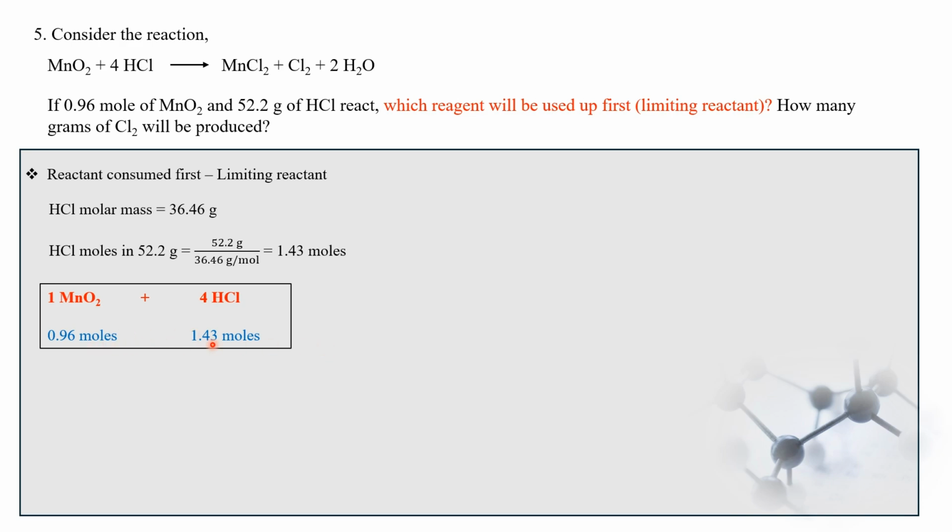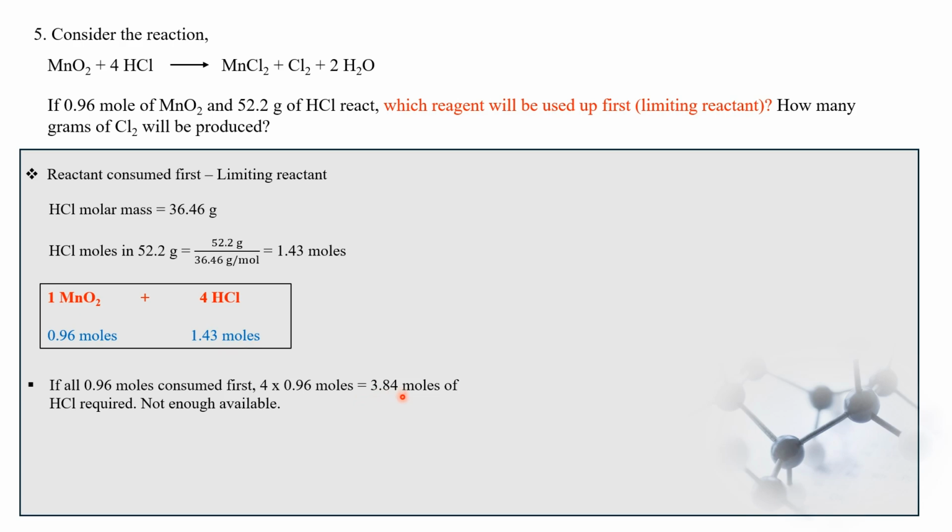The MnO2 and HCl reactants react together in a 1 to 4 molar ratio. Let's think: if all 0.96 moles of MnO2 are consumed first, which is another way of saying it is the limiting reactant, then according to the molar ratio, 4 times 0.96 should be available here to react with that.